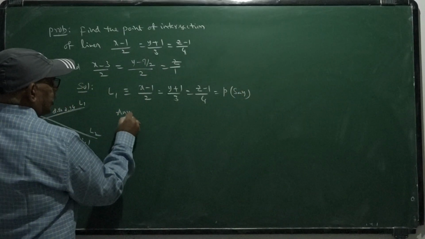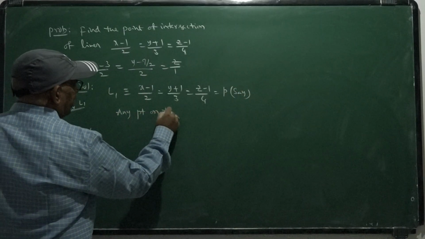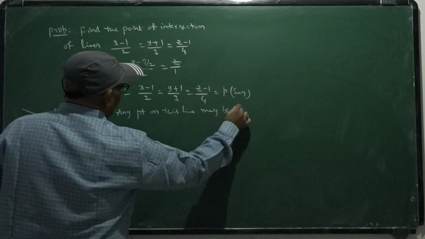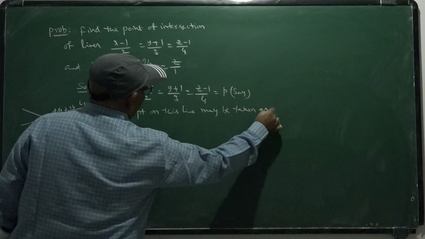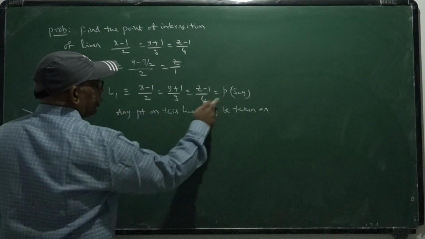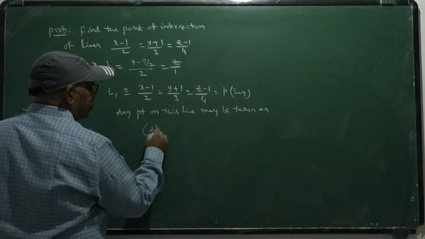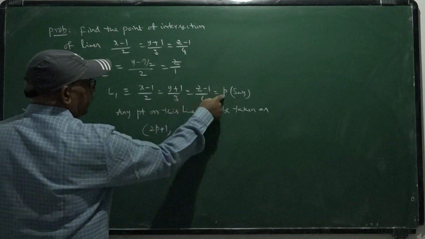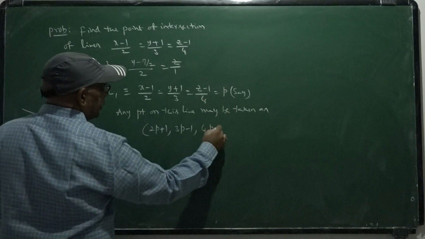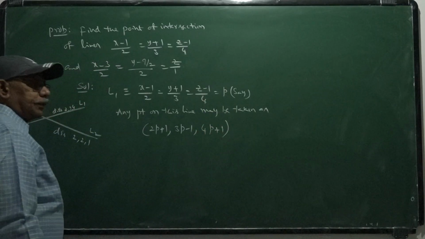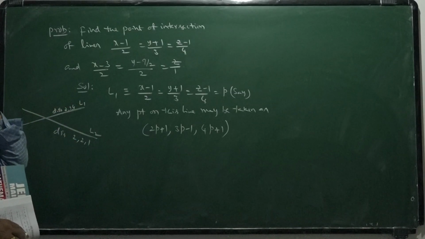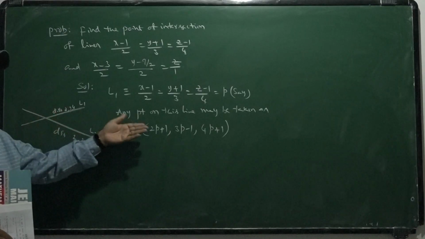So any point on this line may be taken as the general point. Equating these, x is 2p plus 1, y is 3p minus 1, z is 4p plus 1. (x, y, z) is any point on the line. So based on the p value, we get different points on the line.